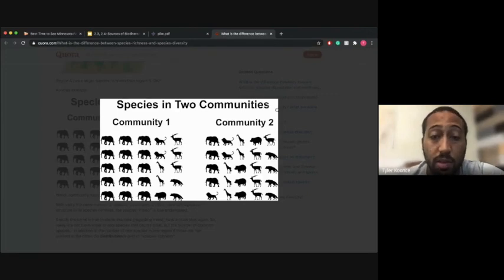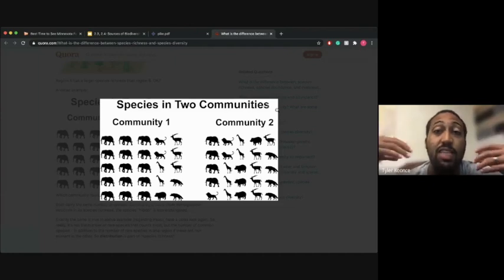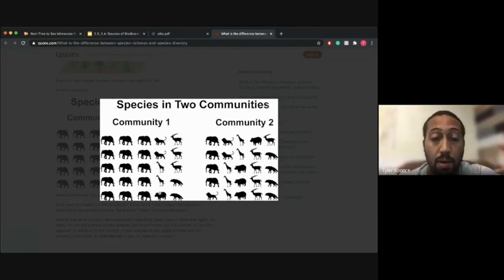So in this example here, we have two different communities. The reminder is species richness means the number of different species that we have in a community, whereas species evenness refers to how evenly spread they are. In community one, we have elephants, lions, giraffes, hippopotamus, hyenas, and ibexes.